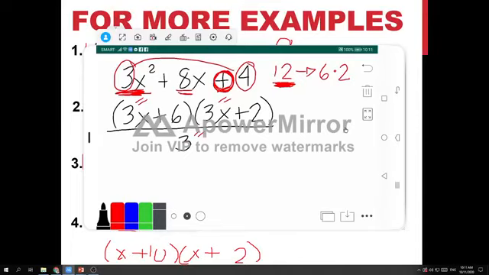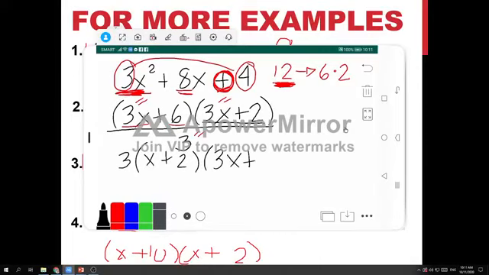Now, let's proceed to common monomial factoring. What's common between 3 and 6? Okay, 3 and 6. Common is 3. So I'm going to have common monomial, and I am left with x plus 2. Correct. And the second binomial is not factorable.